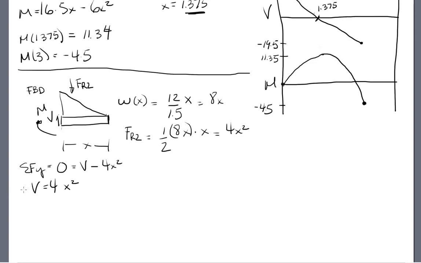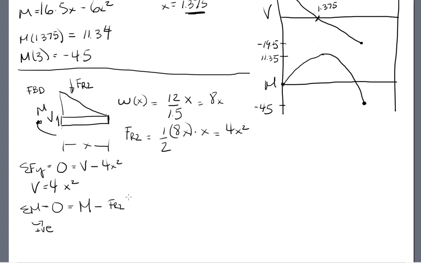Then we're going to do our sigma M equals 0, and that's this M here. So we're going to have M minus, remember this is positive, M minus FR2 times some distance, right?